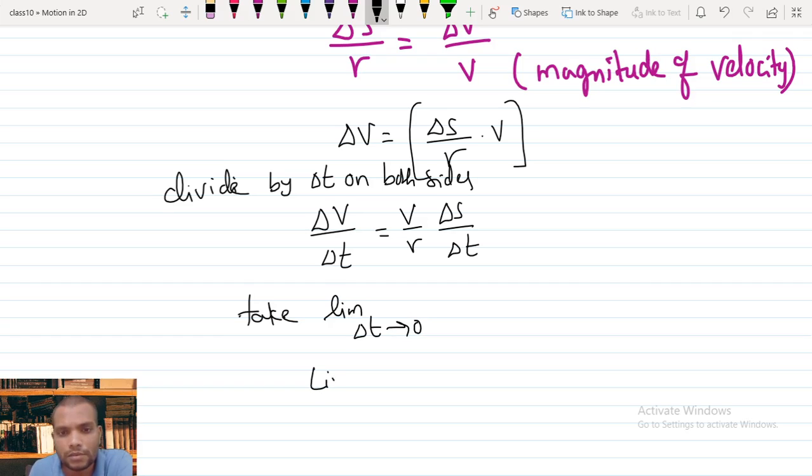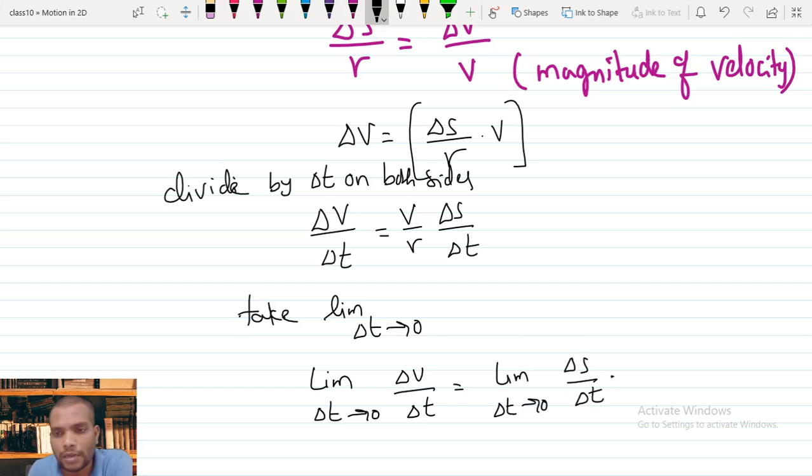So this side becomes the limit as delta T tends to 0 of delta V upon delta T, equal to the limit as delta T tends to 0 of delta S upon delta T times V upon R.